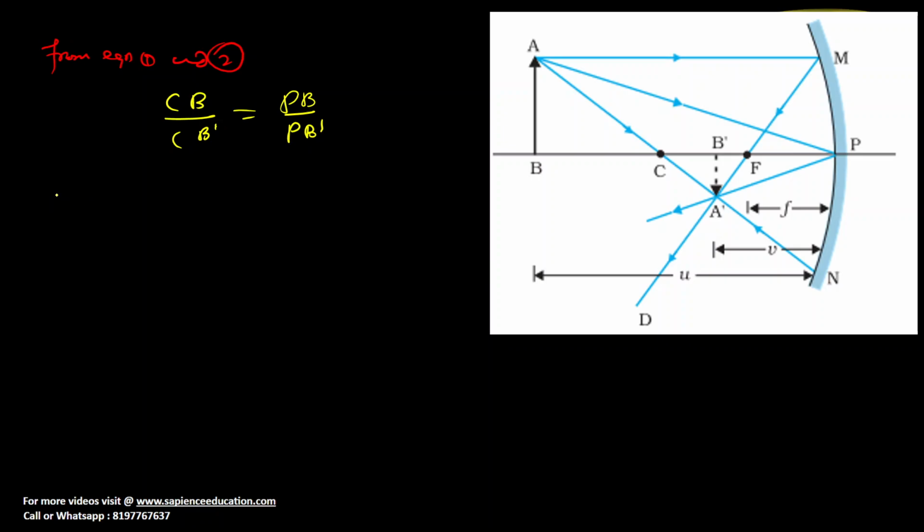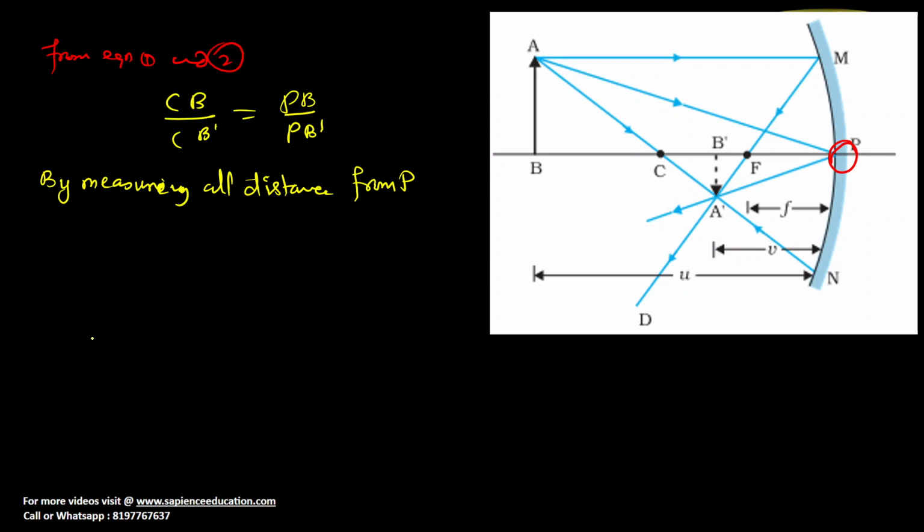Now by measuring all distances from P, that is from the pole, this pole. I have already told you in the previous section that you have to take all the dimensions from the pole only, right?